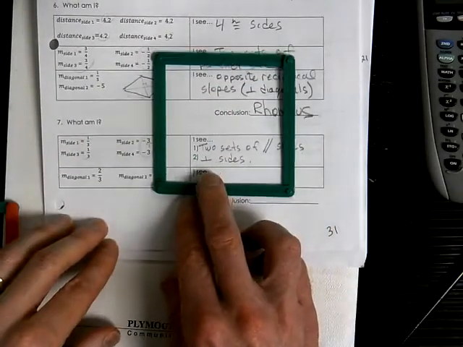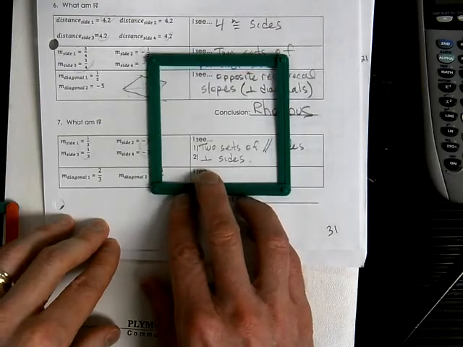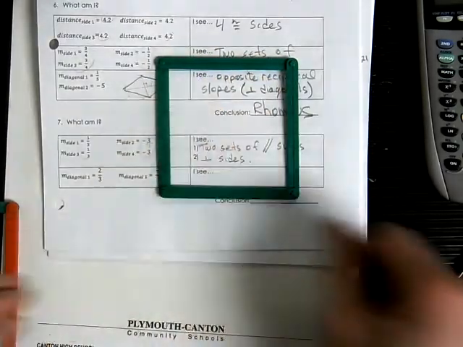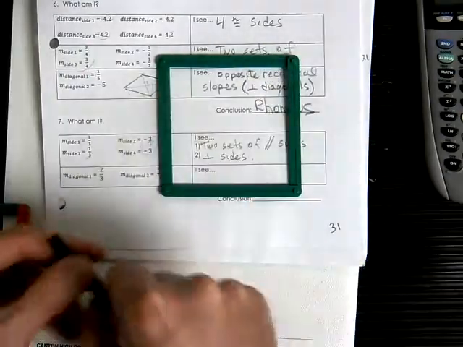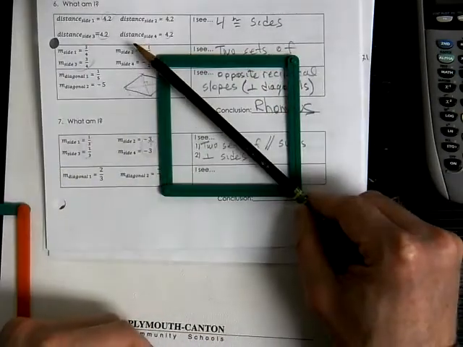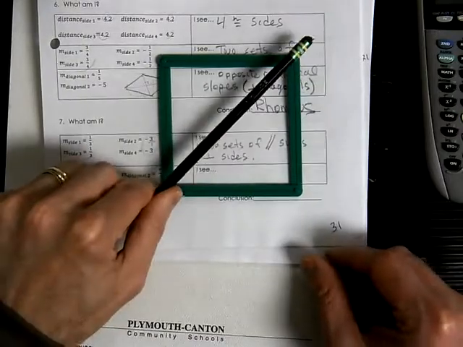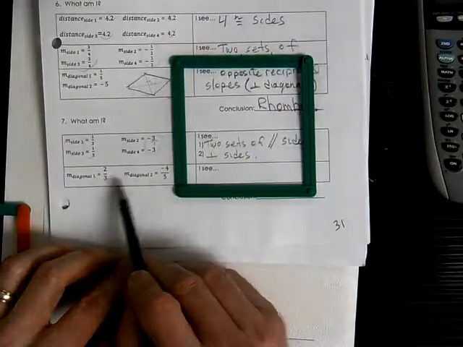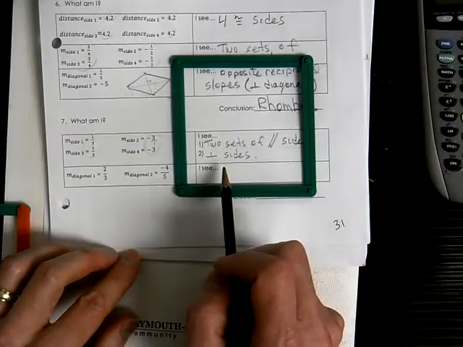If we have a square which has perpendicular sides, the diagonals are going to be perpendicular to each other also. But these diagonals are not perpendicular.